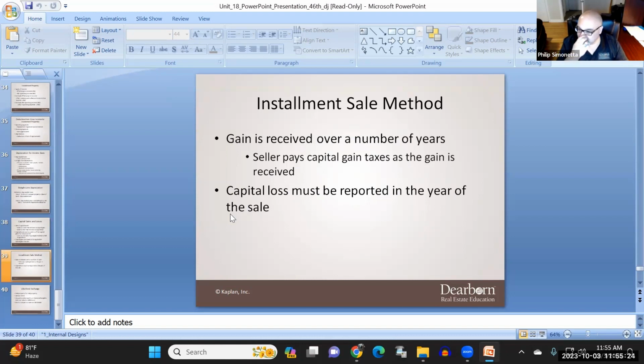So sometimes you'll see a seller finance the property, because they would have to pay capital gains if they sold it outright. So they'll finance it and just pay capital gains on the income per year instead of paying on the whole thing. That's called the installment sale method.